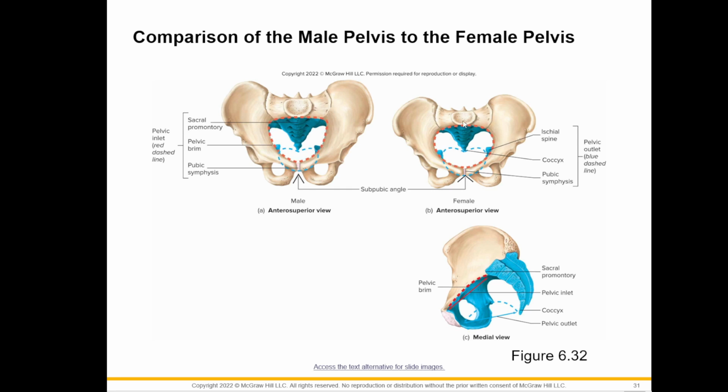But in females, it's more circular. And this circular formation allows the passage of babies through the pelvis. Kaya very important yan. Dapat in females, it should allow the passage of babies in childbirth. Also, the passage is very narrow for males, but for females, it's much larger.